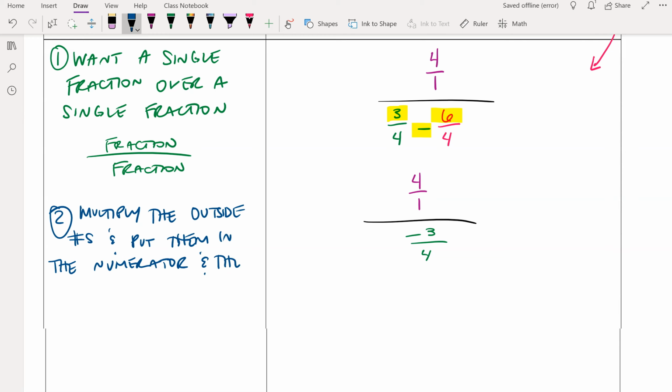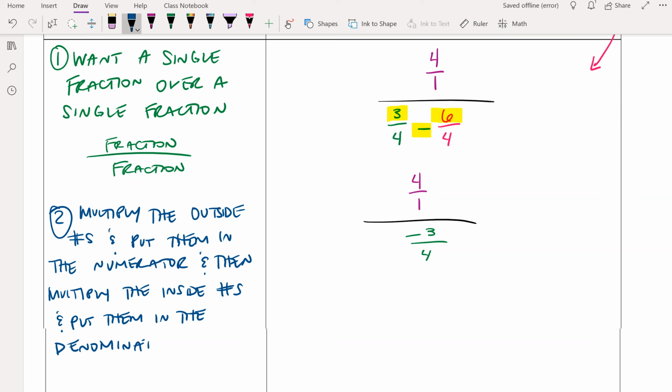And then multiply the inside numbers and put them in the denominator. Okay, so we are going to multiply the outside numbers.